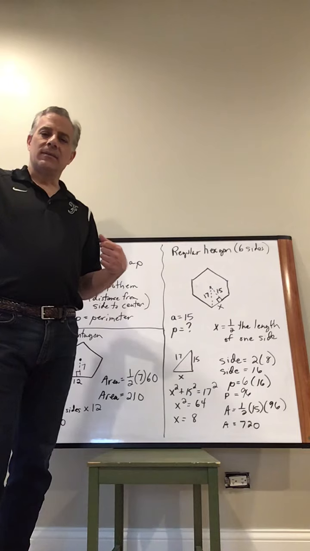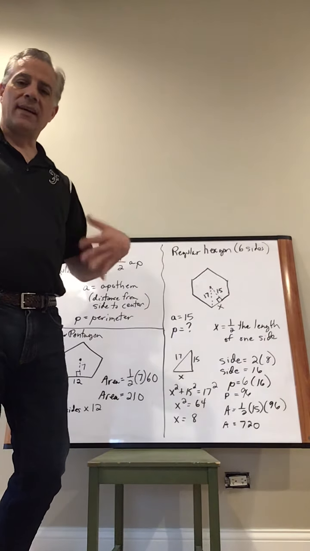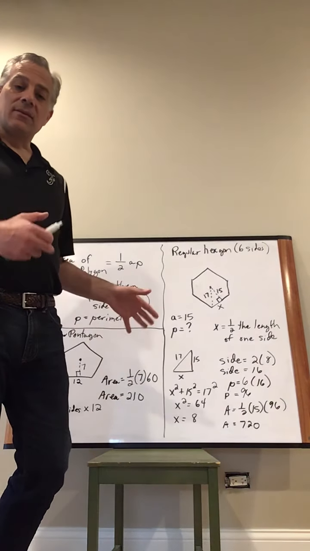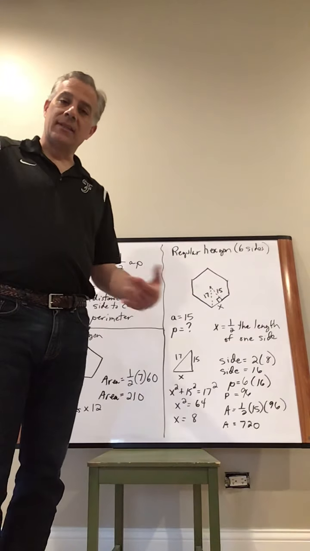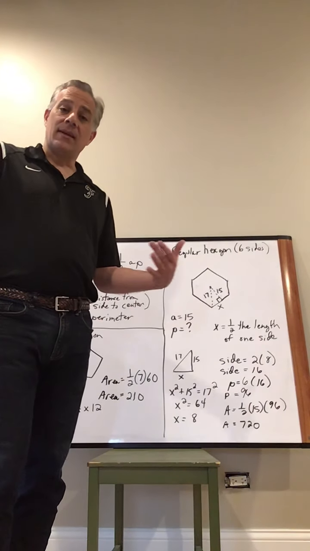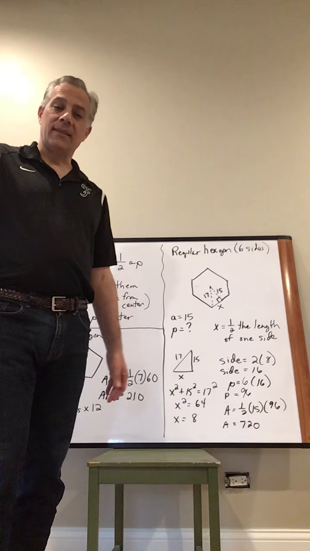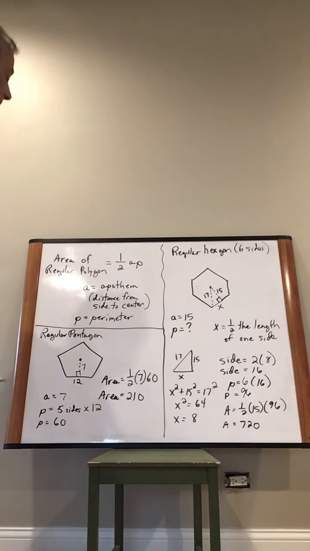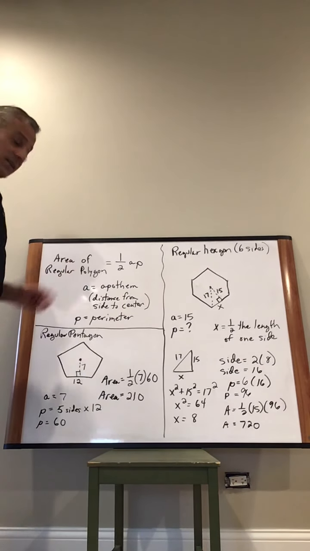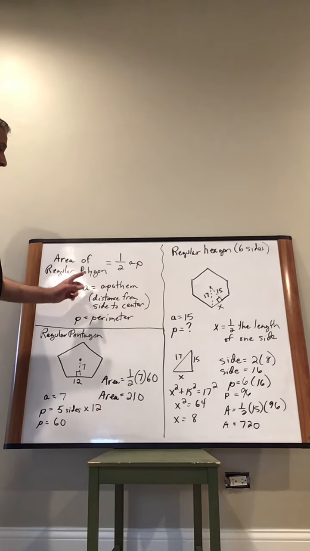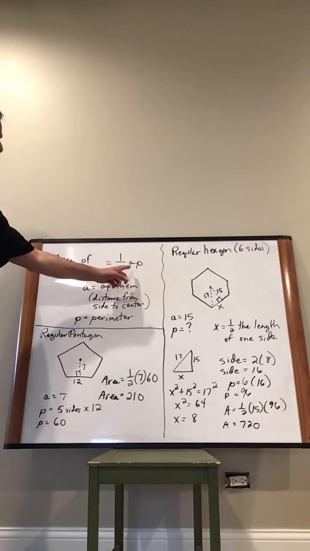That'll be important as we move on, where you have to use the Pythagorean theorem, 30-60-90 especially, and 45-45-90. But there's one basic equation, so that's the good news. It's 1/2 times what's called the apothem.